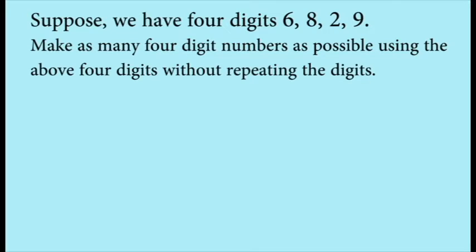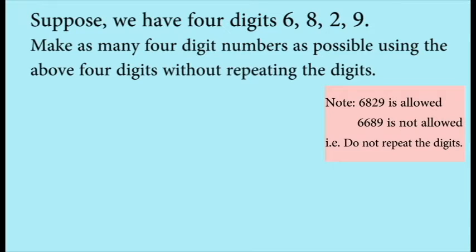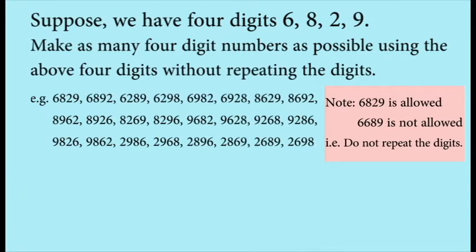Now suppose we have 4 digits: 6, 8, 2, 9. We have to make as many 4-digit numbers as possible using these 4 digits, and we do not have to repeat the digits. If we start forming the 4-digit numbers, we find that there are a total of 24 4-digit numbers formed out of these digits.